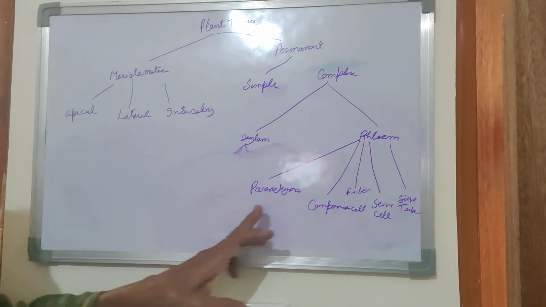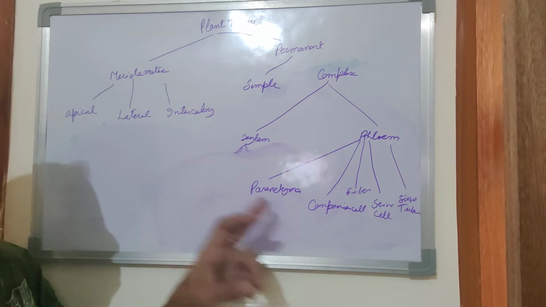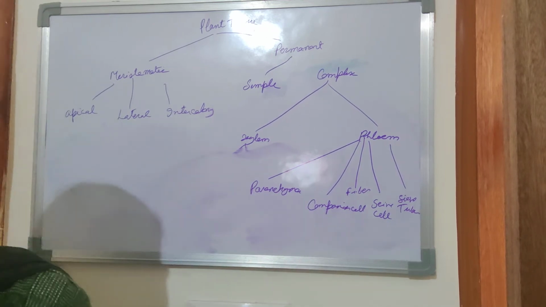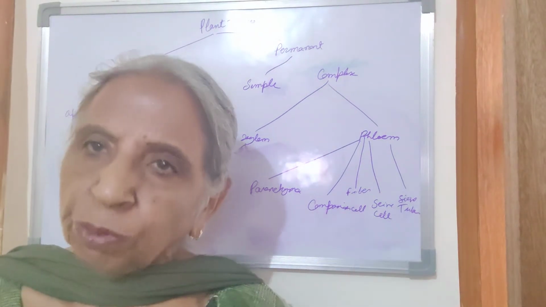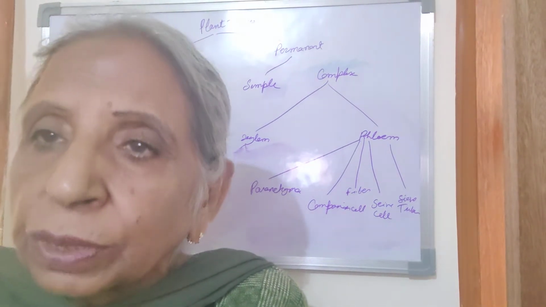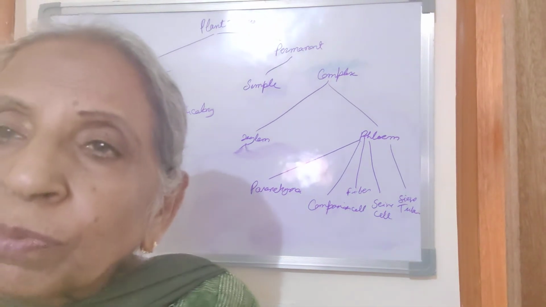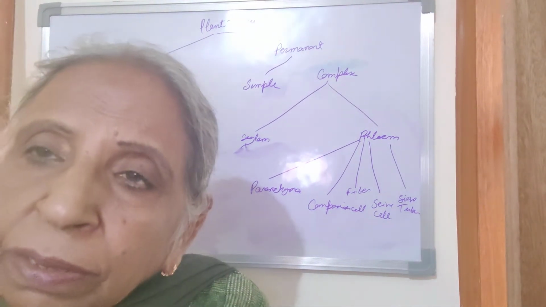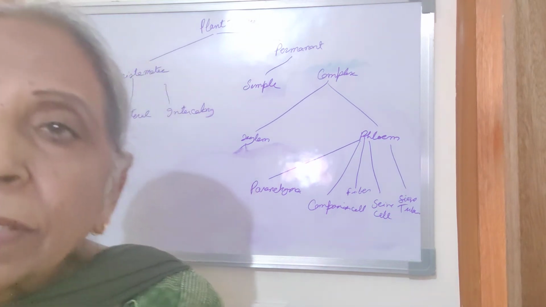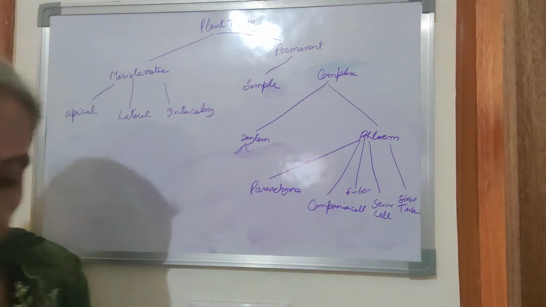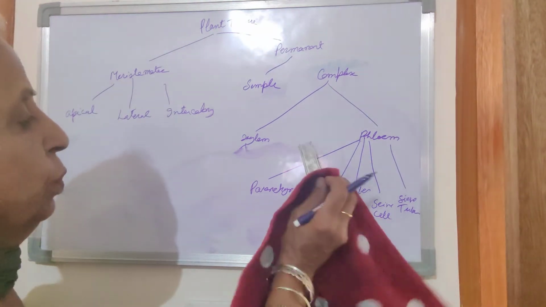Phloem is composed of 5 types of cells: parenchyma, companion cells, fibers, sieve cells and sieve tubes. Sieve cells and sieve tubes help in conduction of food material from one part of the plant to the other. And parenchyma helps in storage of food. Fiber provides strength to the plant. This is all about complex permanent tissue.